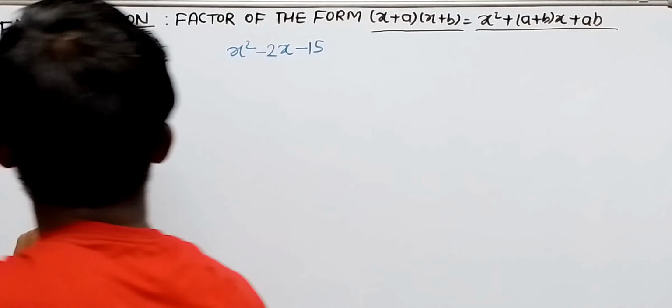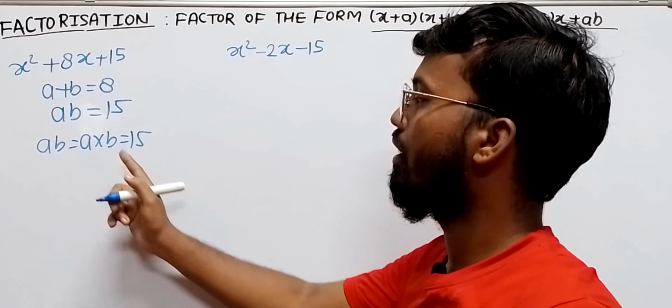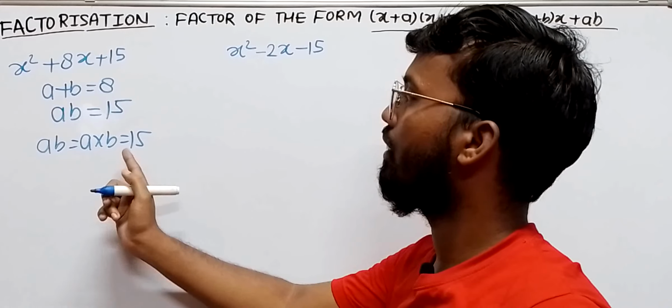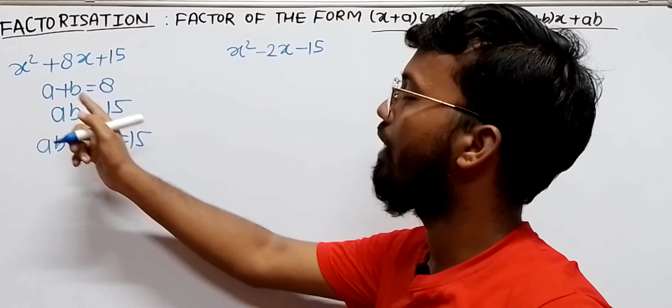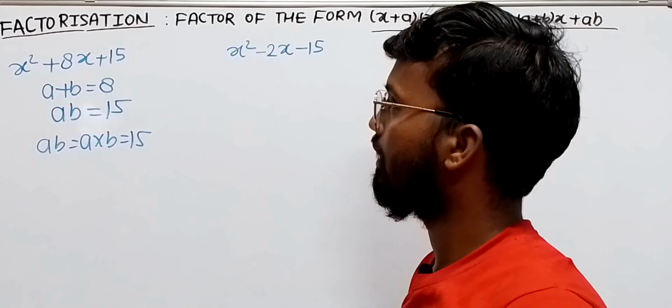That means we have to find two numbers such that when we multiply them we get 15, and when we add them we get 8 as the sum.